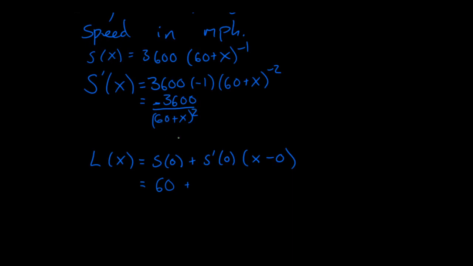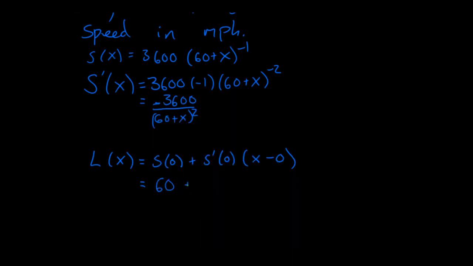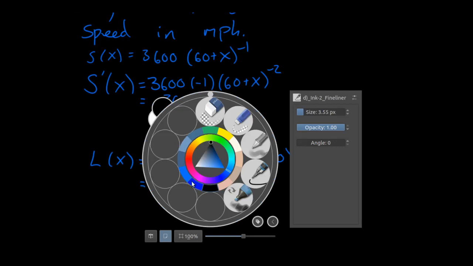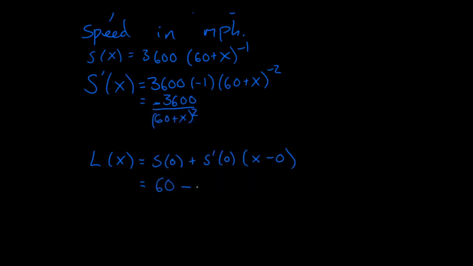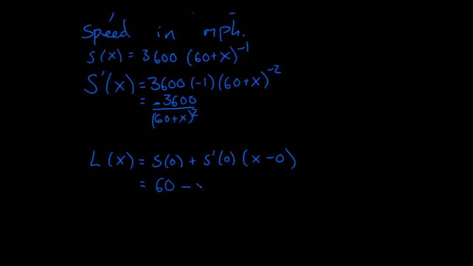Since 3,600 is just 60 squared, I could write this slightly more conveniently as just 60 minus x. Hey, that's not so bad. That works out okay. So if you didn't catch that, I'm going to write the full step down right there. I'm going to write out the missing piece, and then we'll talk about what this 60 minus x means.